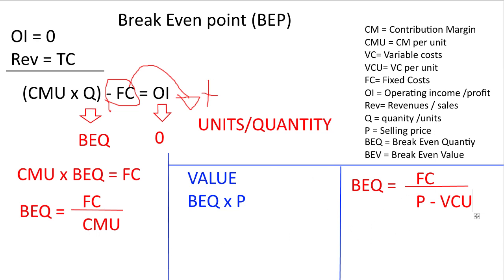Now this can be written for the value. This can be written as the BEP is equal to also a fraction, your total costs over 1 minus VCU divided by your price.